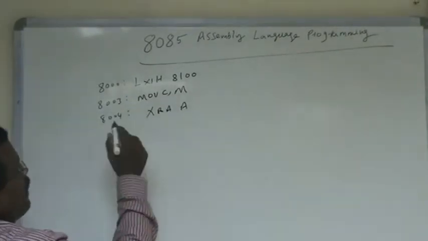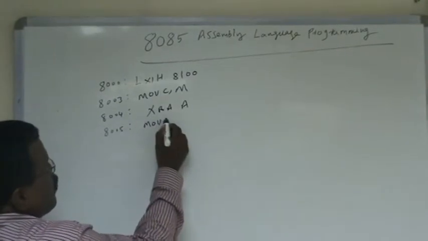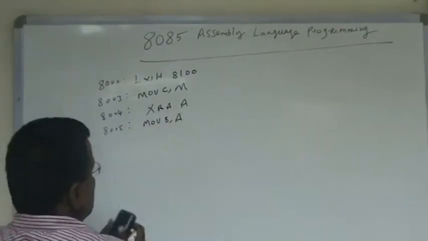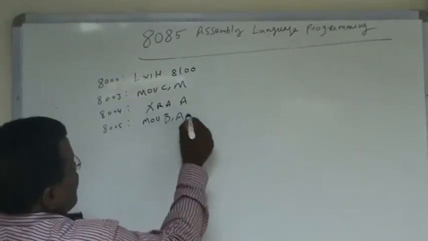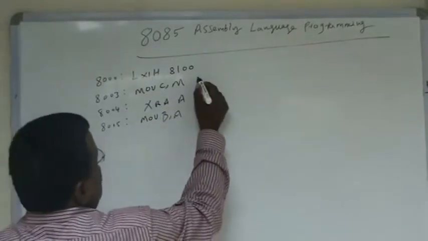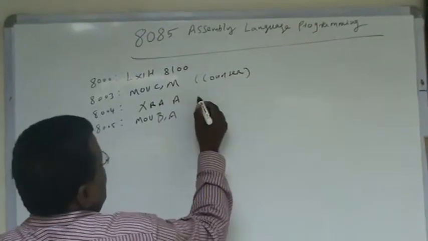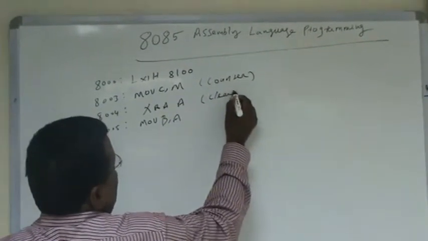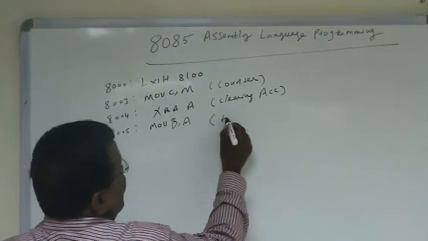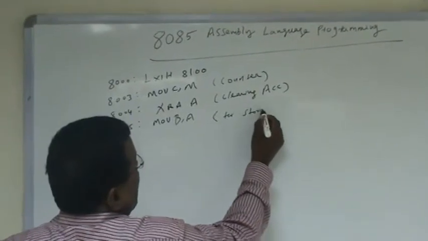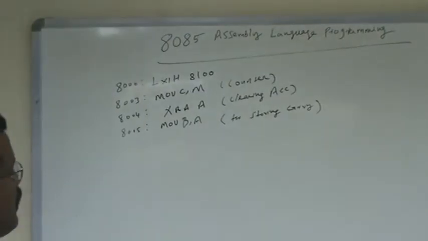I am clearing the accumulator. Now 8005, that cleared value is moved into the B register, MOV B, A. So I am initially clearing B, which will store the carry.